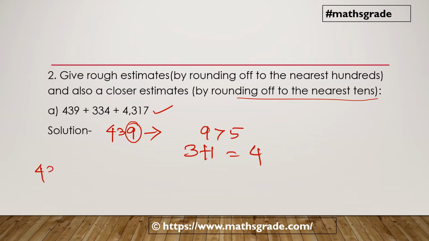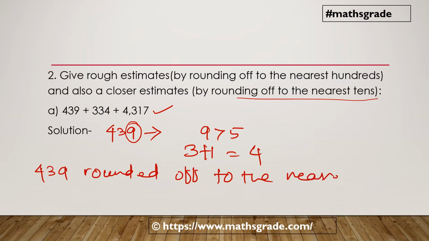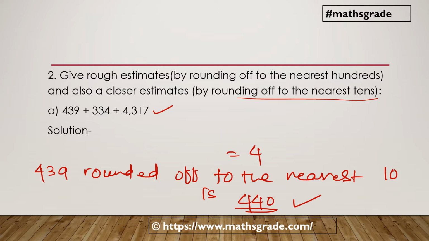So 439 rounded off to the nearest 10 is 440. Now 334.